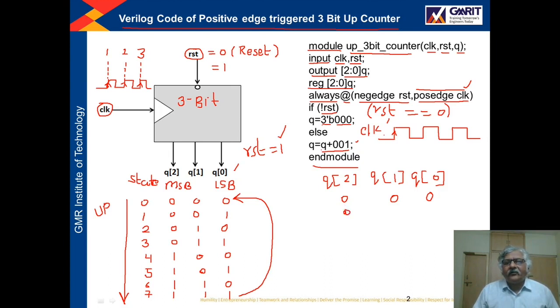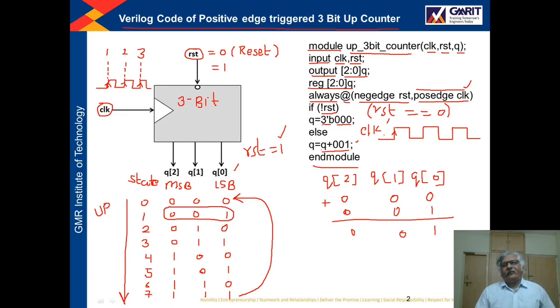What we get is 0 0 1, and this value is assigned to Q. So now you see here, the counter has reached state number 1.